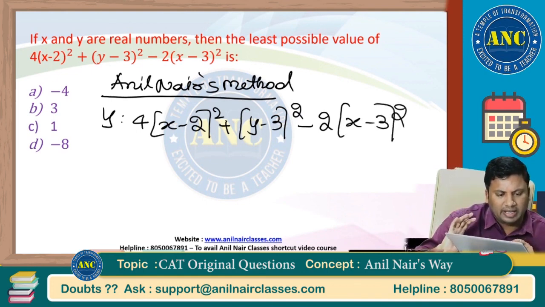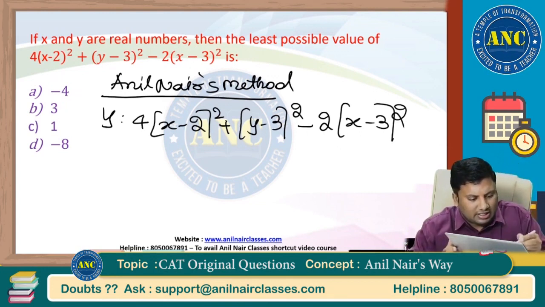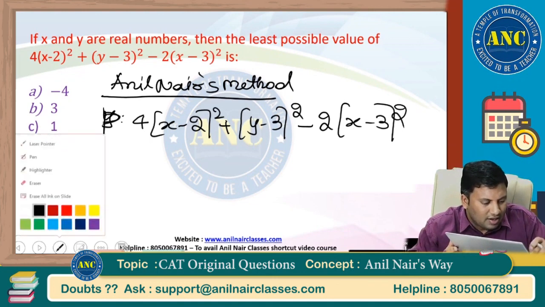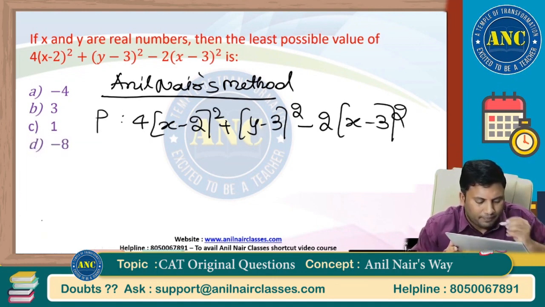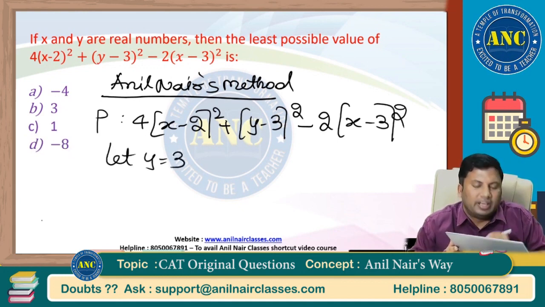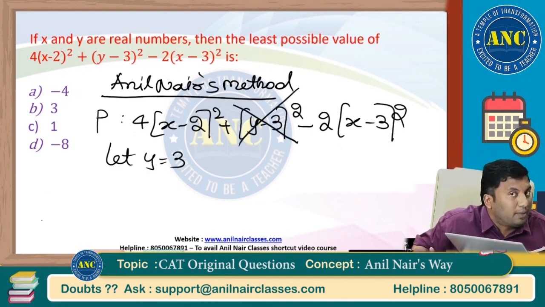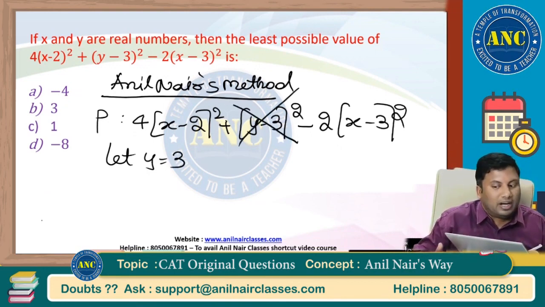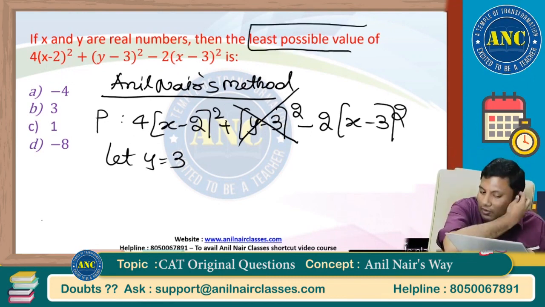Just by looking at the question, there are two terms with x, so I will condense it. Let me call it p because there is y here. Let y equal 3, because (y minus 3) whole square has its minimum value at y equal to 3. I want the minimum value, so I can take y equal to 3.